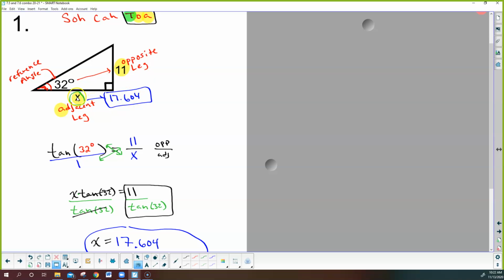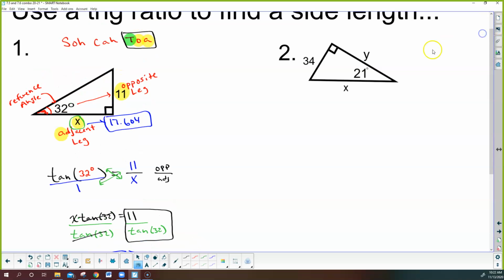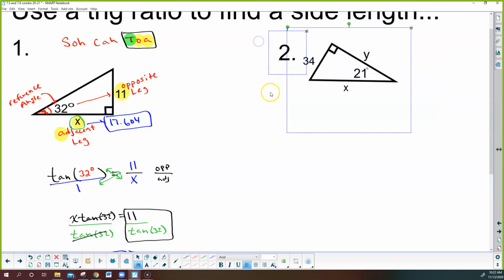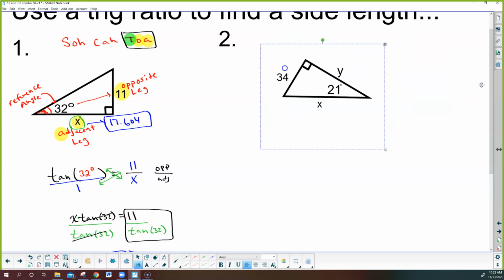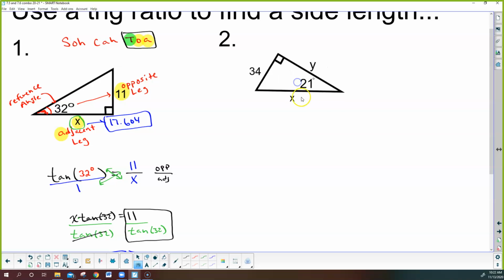If I take that answer and the opposite answer, I could do Pythagorean theorem to find the hypotenuse, or I could do sine or cosine to find the hypotenuse as well. So now we have more ways to find side lengths of triangles, and that gets at why trigonometry is important. Trigonometry is what allows us to find side lengths of any measure. It doesn't have to be a special right triangle.